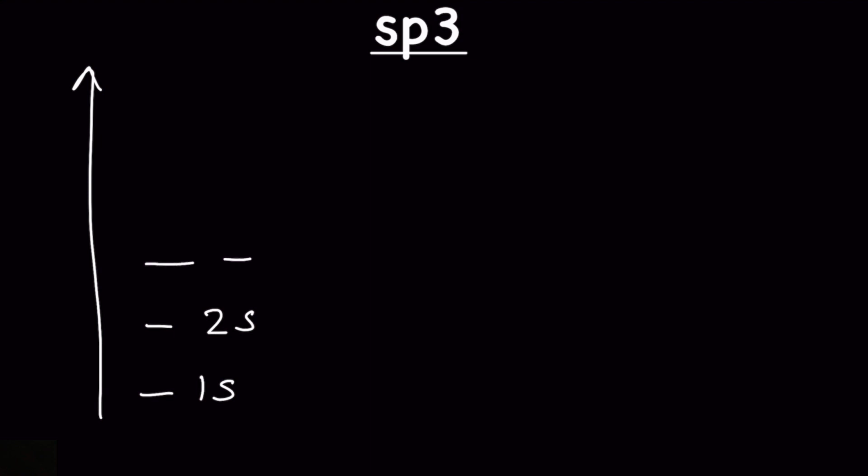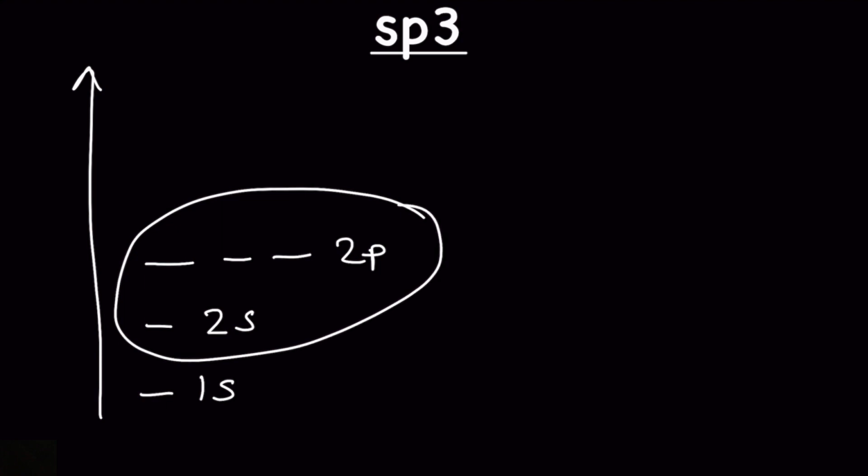What we first always do is just draw our atomic diagram. And remember, in electron configuration, we always start with 1s, then 2s, then 2p, and so on and so forth. But in hybridization, the only orbitals that ever get hybridized are s and p orbitals, whether that's 2s and 2p, 3s and 3p, 4s and 4p, or whatever else.